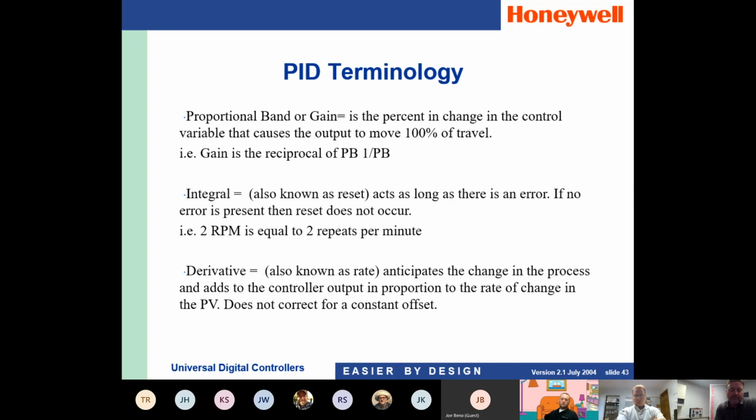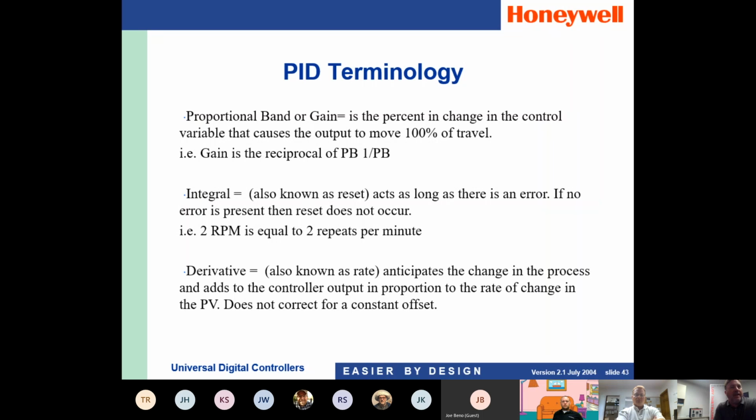of the travel. So for example, if I had a setting of a number 1 in my proportional band, and I had the controller configured for proportional band, this would act just like an on-off control. Because if I'm setting it at 1, that means at 1% change in the control variable, I want that output to move 100% of the travel.